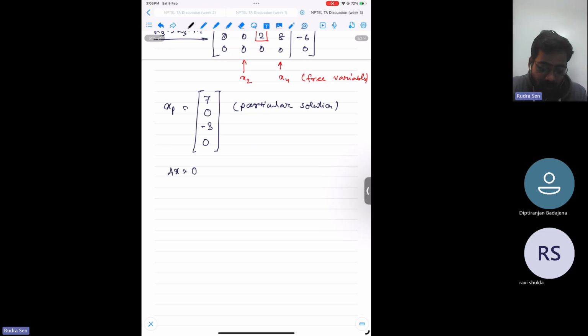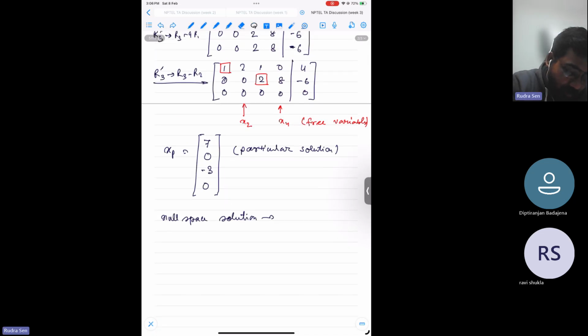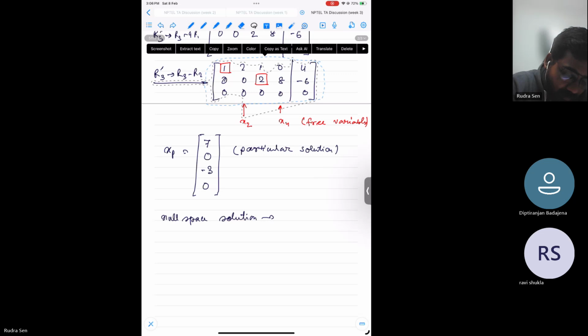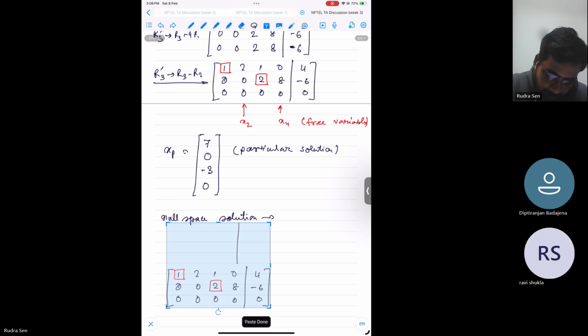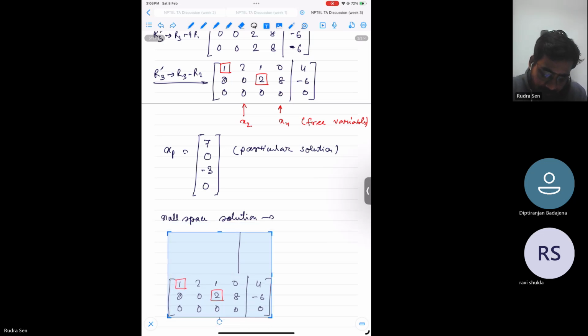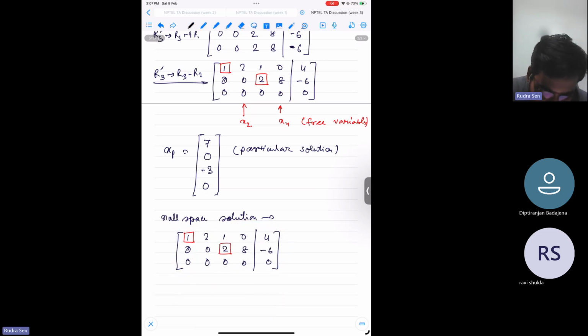So we have to find the x for which the equation Ax equals 0 is satisfied. In the null space solution we do not need this b, because in that case b equals 0.